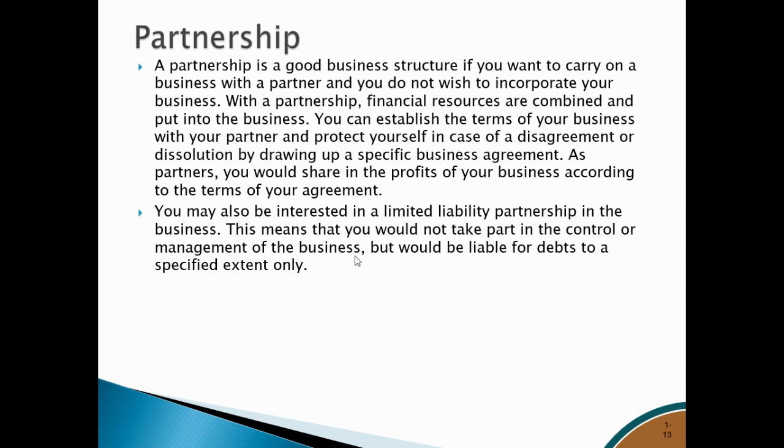The only loss you're gonna make is the amount of money you have invested in the company. Okay, let's say you have four friends, three of them general partners, all right, the ordinary partners. The fourth partner is a limited liability partner, all right.